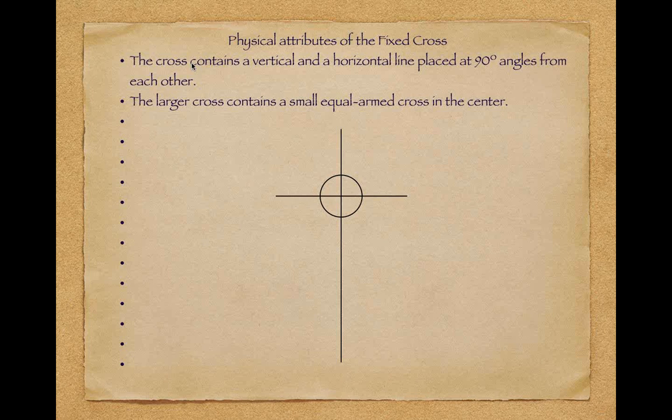There's a certain duh factor to the physical attributes, right? Like what I just said: the cross contains a vertical and a horizontal line placed at 90-degree angles. It's so obvious that you may not even mention it, but that's the kind of thing we're looking for in this phase of the analysis. So hold on to that comment. We're going to be at the second part before you know it.